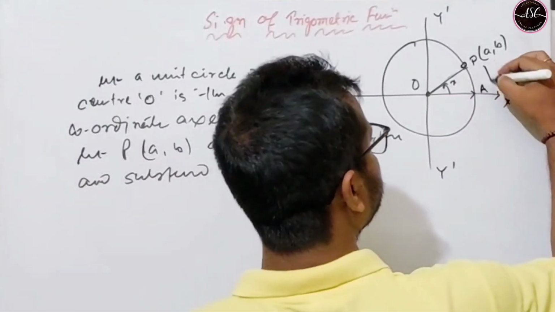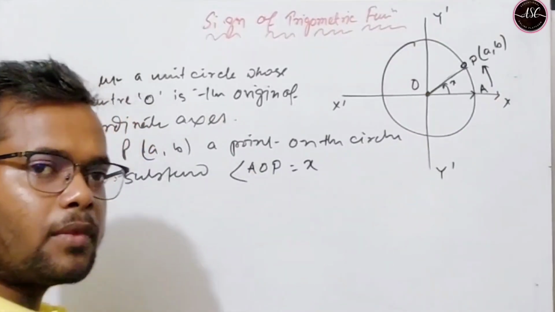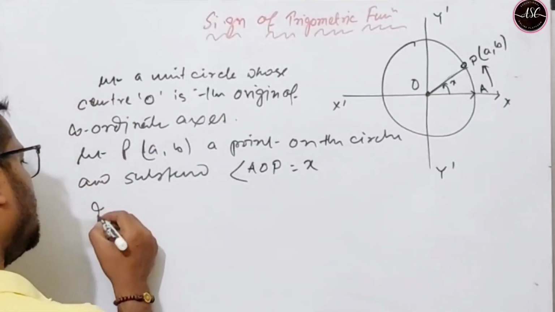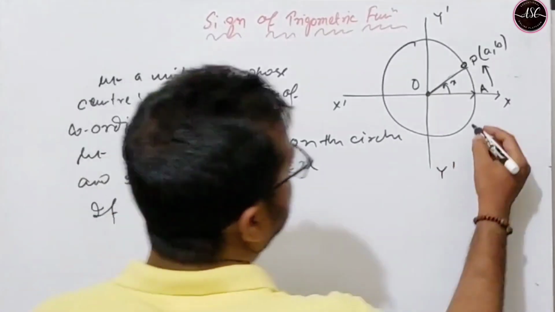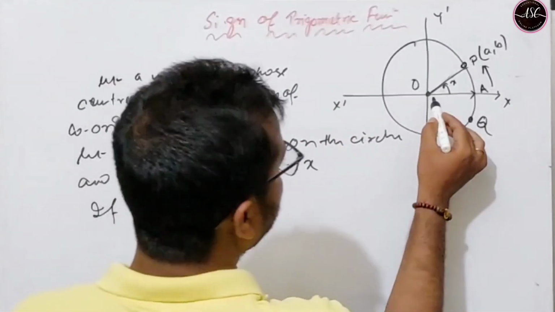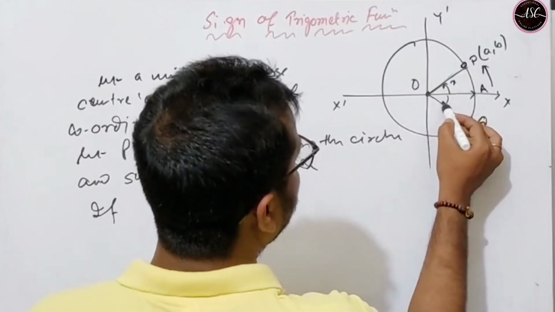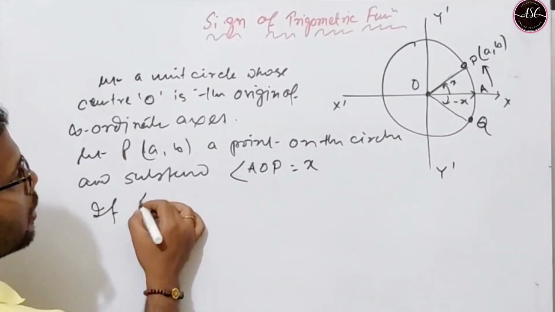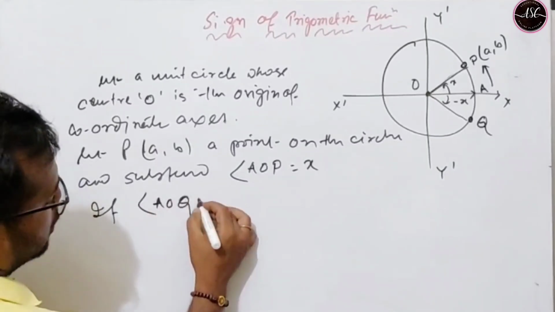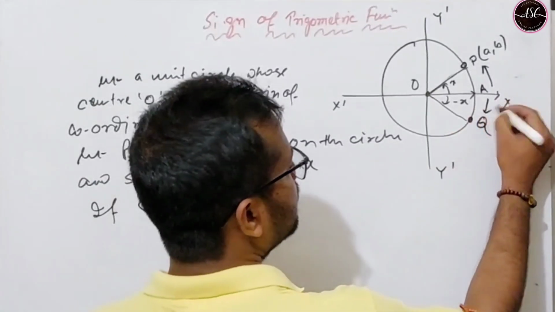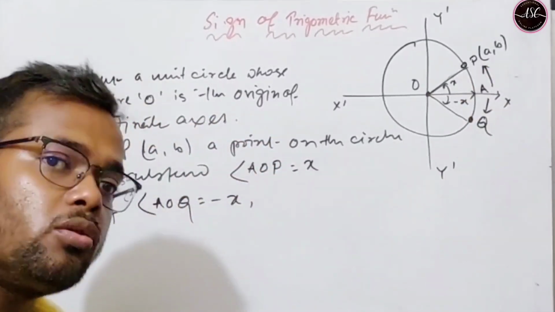If the ray is moving anticlockwise, let Q be the point. Then the angle AOQ equals minus x. That means this ray is rotating clockwise.